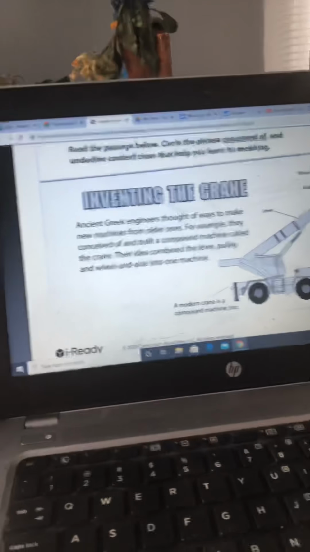Text. So we need to figure out what the text is talking about. So let's go back, right? That's how we figure things out. It's about inventing the crane. In order to invent something, what do you first need to do? You need to think of the idea. Very good.